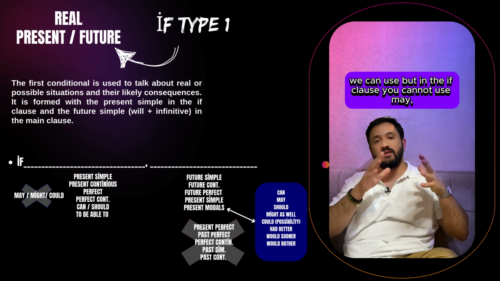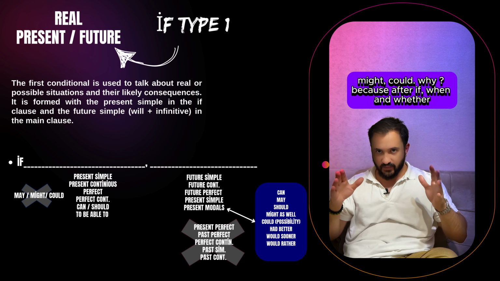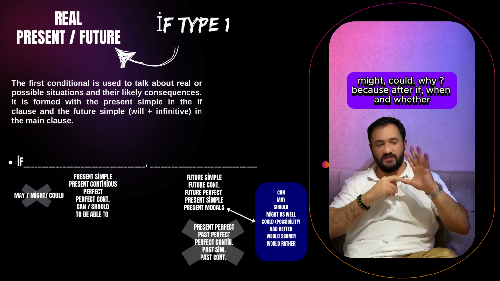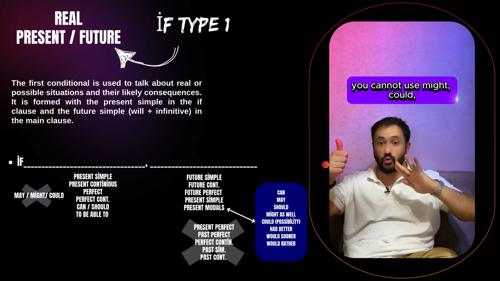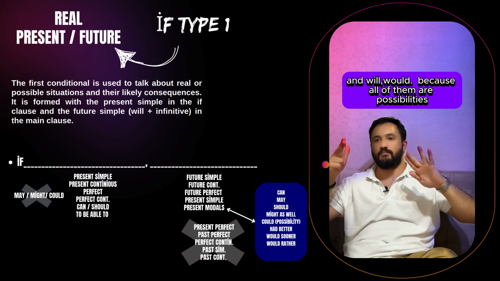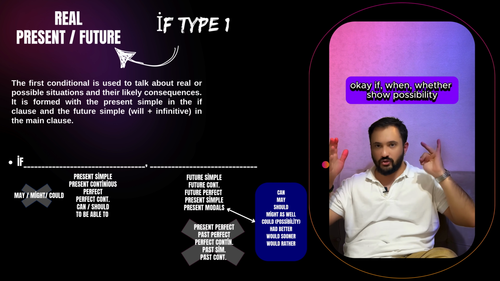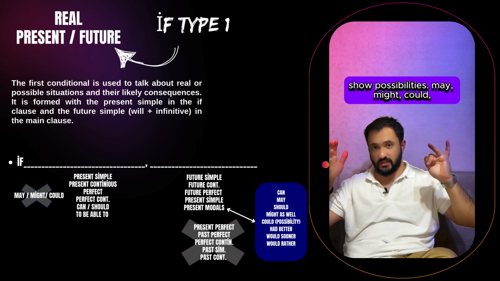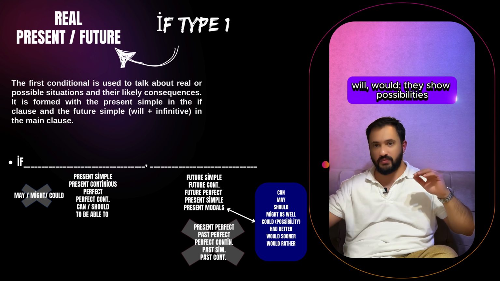But in the if clause, you cannot use may, might, could. Why? Because after if, when, whether, you cannot use might, could, will, would, because all of them show possibilities. If, when, whether show possibilities. May, might, could, will, would show possibilities.